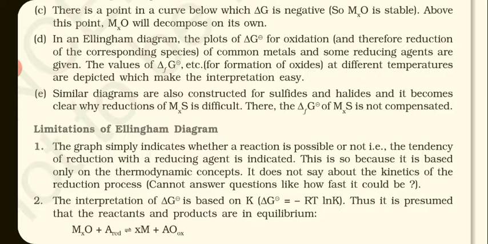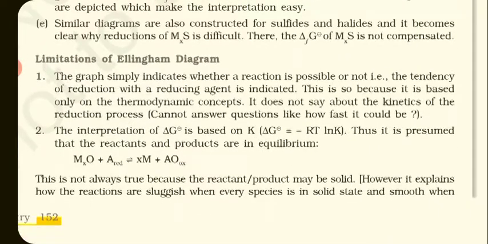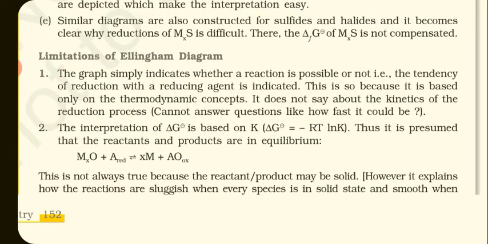D. In an Ellingham diagram, the plot of delta G for oxidation, and therefore reduction, of the corresponding species of common metals and some reducing agents are given. The values of delta G for the formation of oxides at different temperatures are depicted, which makes interpretation easy.